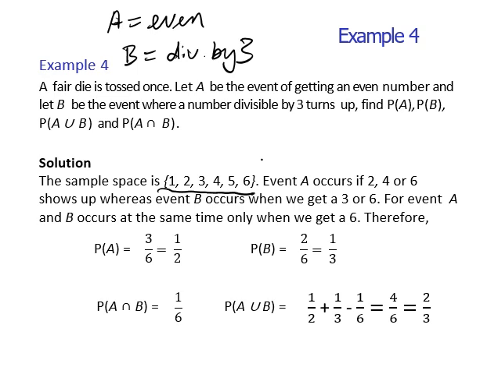Okay. Event A, even numbers, happens in your 2, 4, and 6. So the probability of an even number is 3 out of 6. Because it's 2, 4, and 6 out of 1, 2, 3, 4, 5, 6. So it's half. Similarly, the opposite, the probability of getting an odd number is also 3 out of 6. Okay.